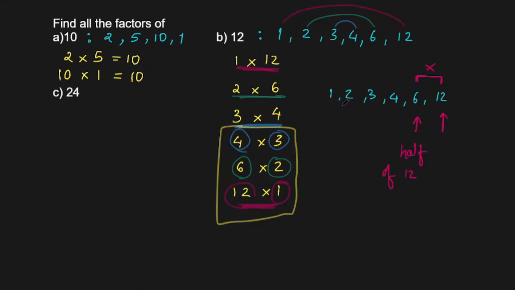So whenever you are searching for factors, go for all the numbers starting from 1 to half of the number, and then the next number is definitely going to be the number itself.